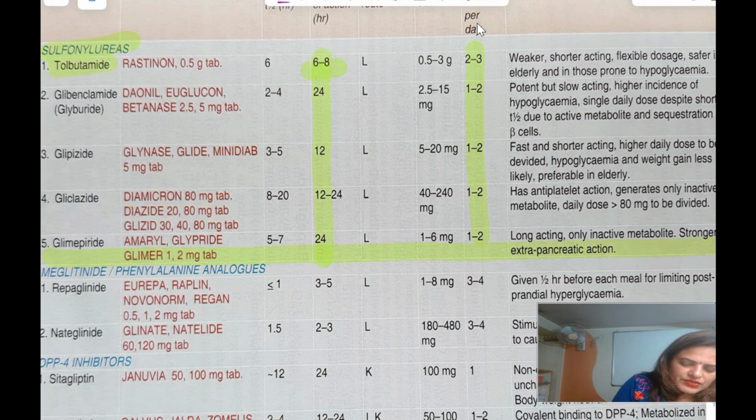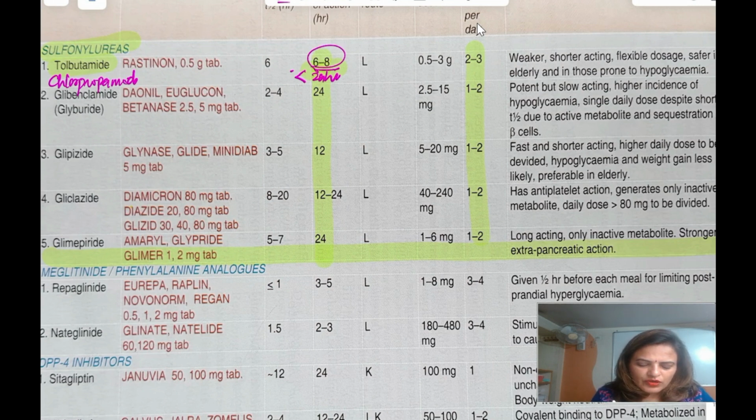Then we have another drug, chlorpropamide, whose action is more than 24 hours. You can see the duration of action is lowest with tolbutamide, whereas the rest, glipizide and others, are different.